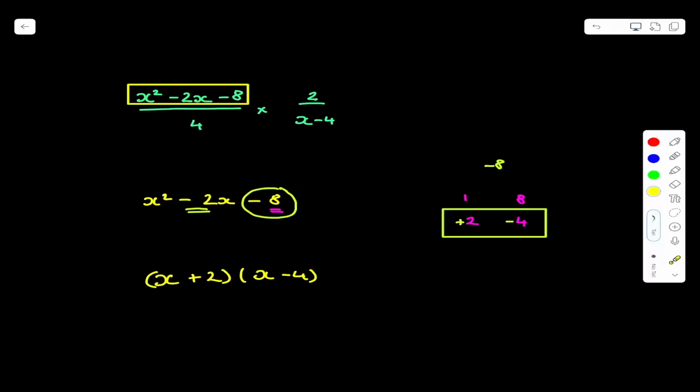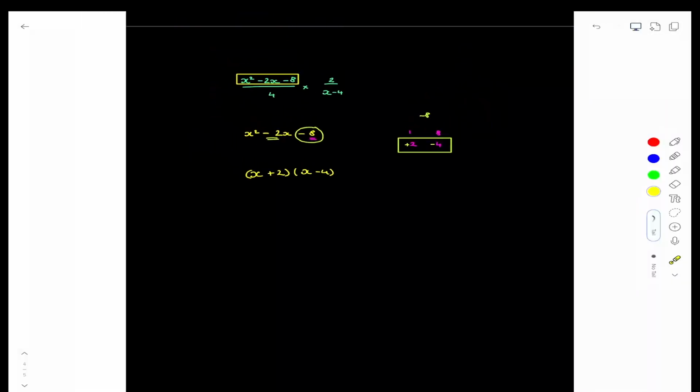So now we will rewrite this fraction, but instead of writing this, we're going to replace it with this. So we would have x plus 2, x take 4, and then on the denominator you have 4 times 2 on x take 4.